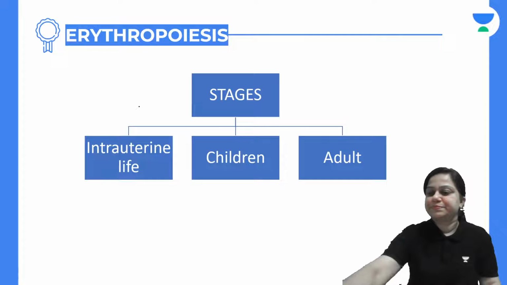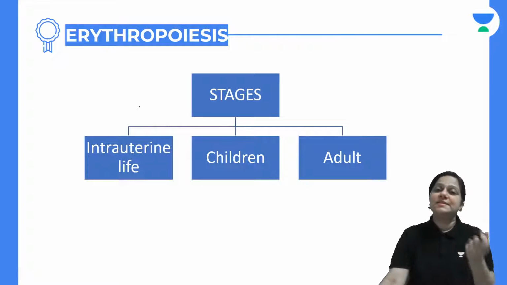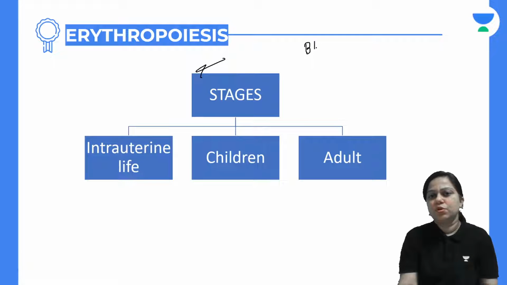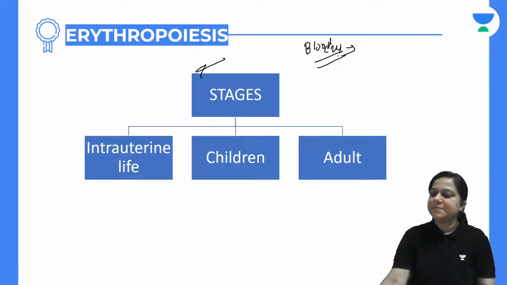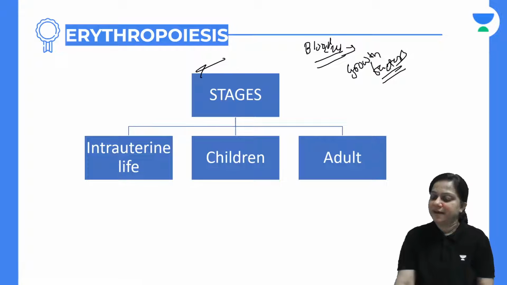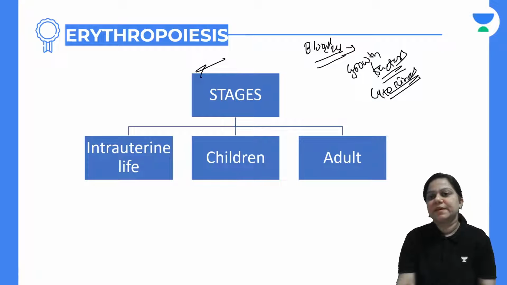Now, the growth of these different blood cells from the stem cell is controlled and regulated by different growth factors. These growth factors which are regulating the process of hemopoiesis are called cytokines.